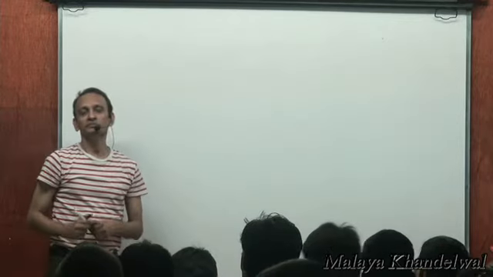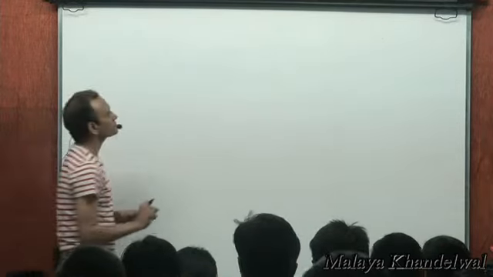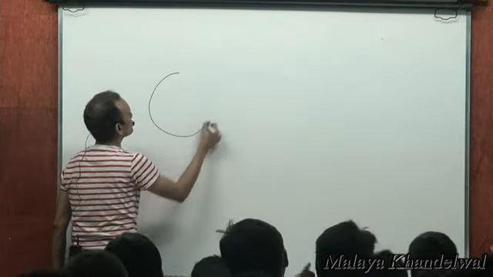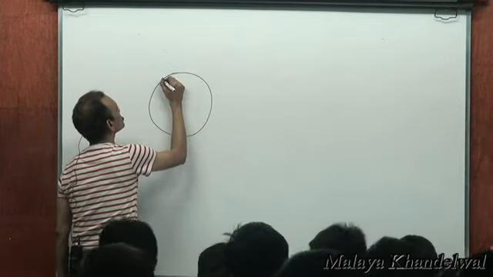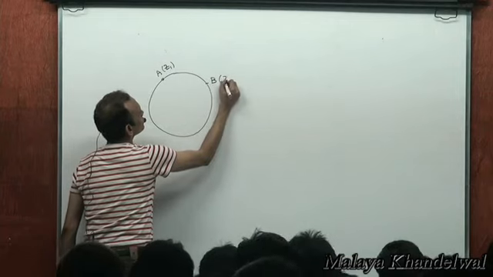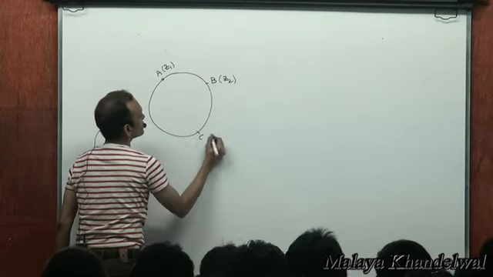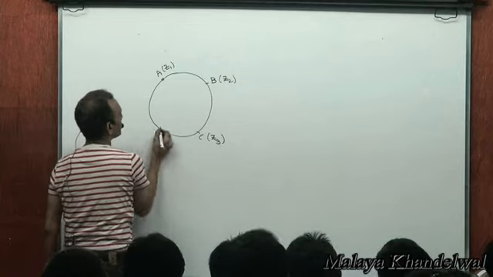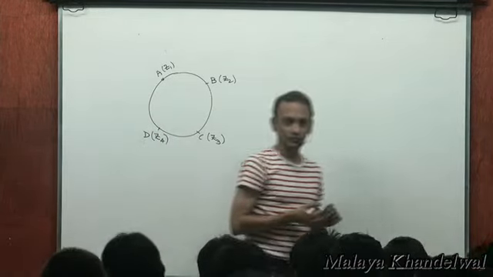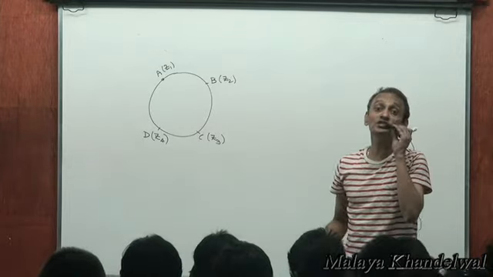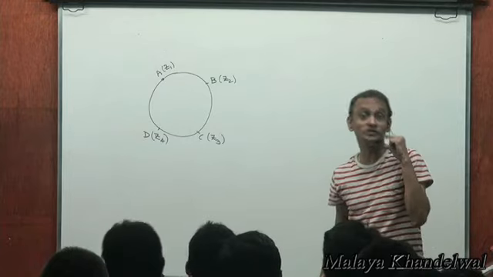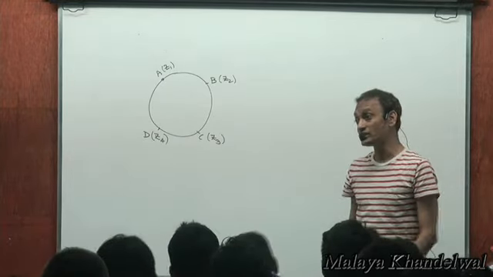Now suppose there are 4 points, A which is say Z1, B which is Z2, C which is Z3, and D which is Z4, in this order. And I want to check if these 4 points are concyclic or not, that means whether they lie on the same circle.